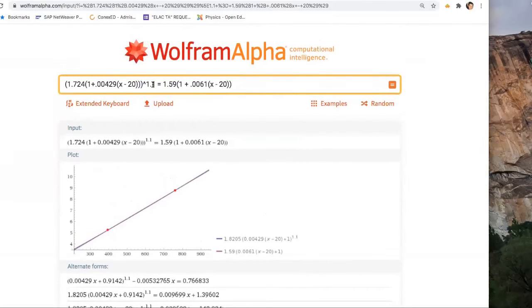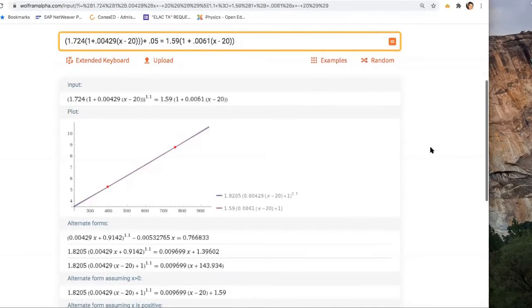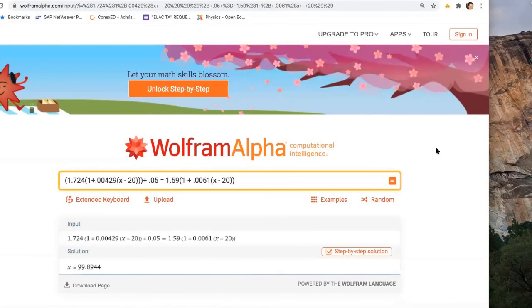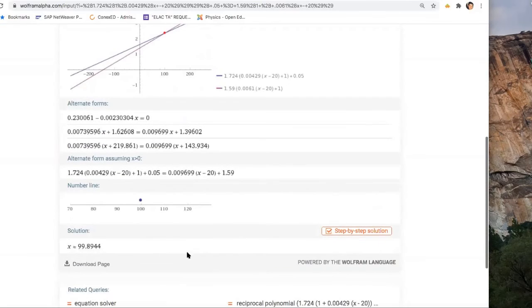Or you could even ask, at what temperature is the silver's resistivity a certain value greater? Let's say the silver's is greater by 0.05. Oh, okay, then it's at 99 Celsius.